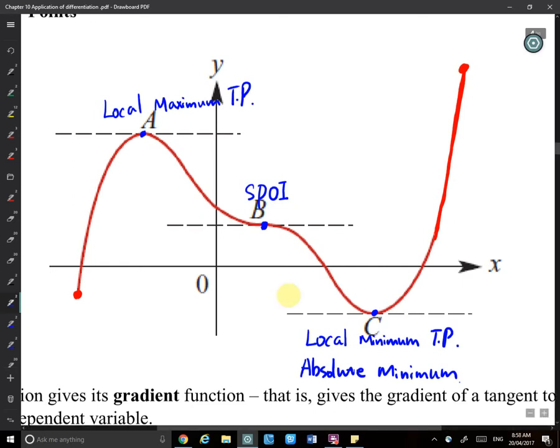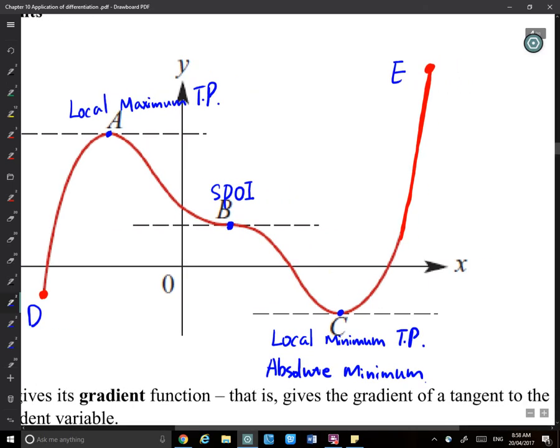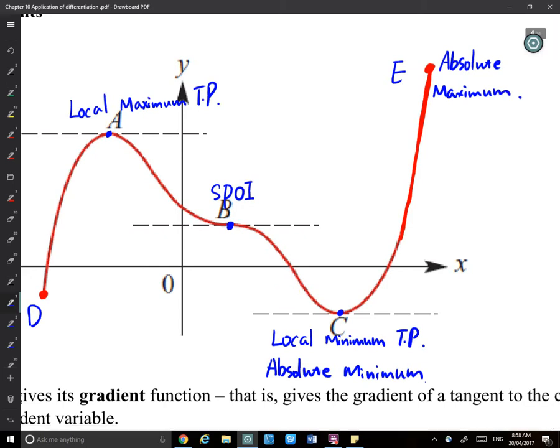Let's call the points A, B, C, D, E. What is this E? Absolute maximum. It's the highest point in this graph, so it's the absolute maximum.